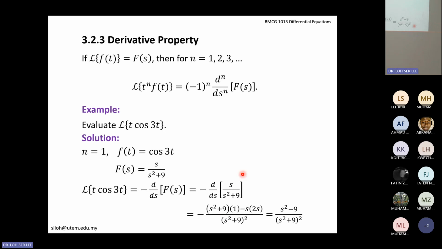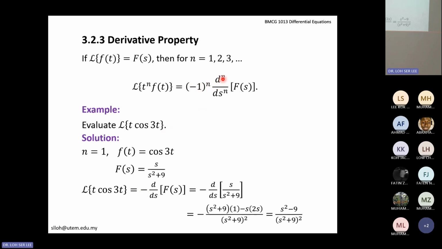So I repeat, when you see a product function where one of the functions is t to the power of n, then we use the derivative property. This is the formula. The formula will be given, and we identify the value of n first. n is 1 here. So when n is 1, you have negative 1 to the power of 1, so you have a negative sign here.